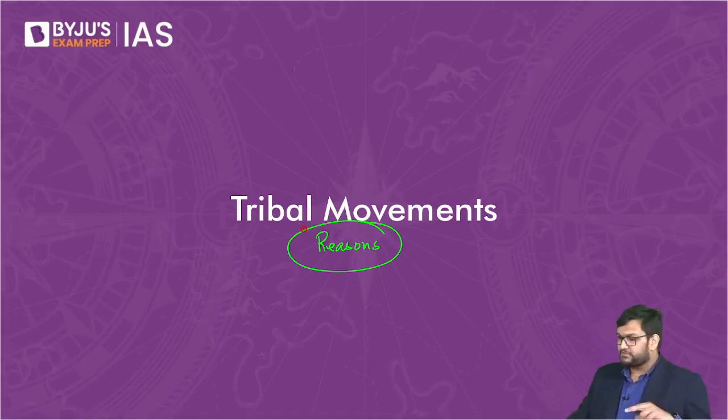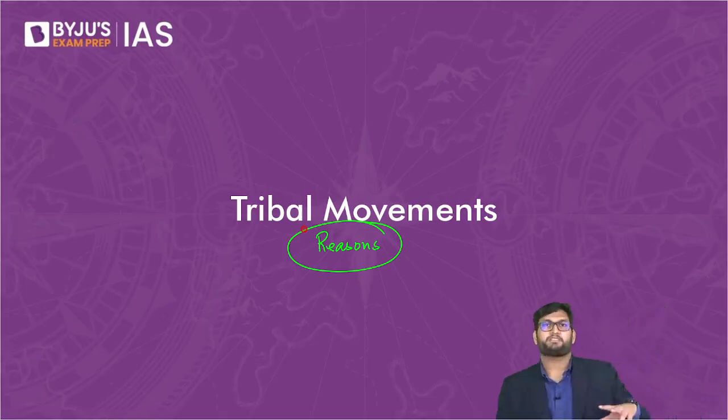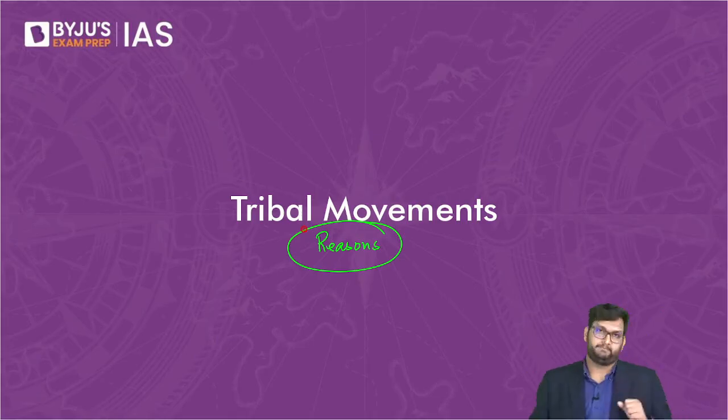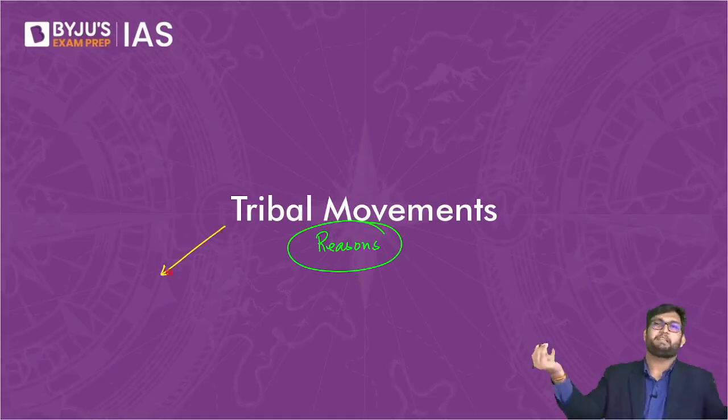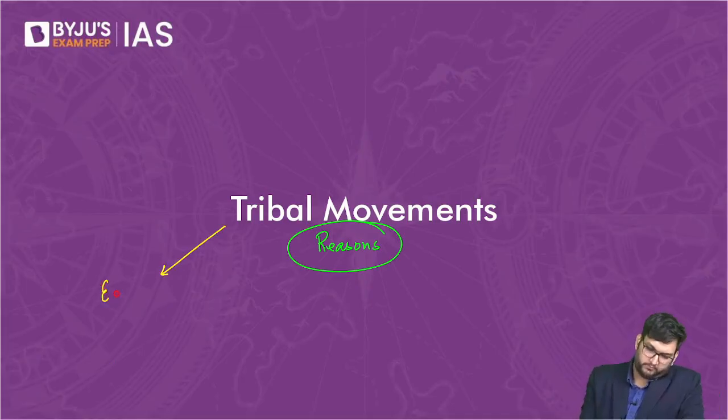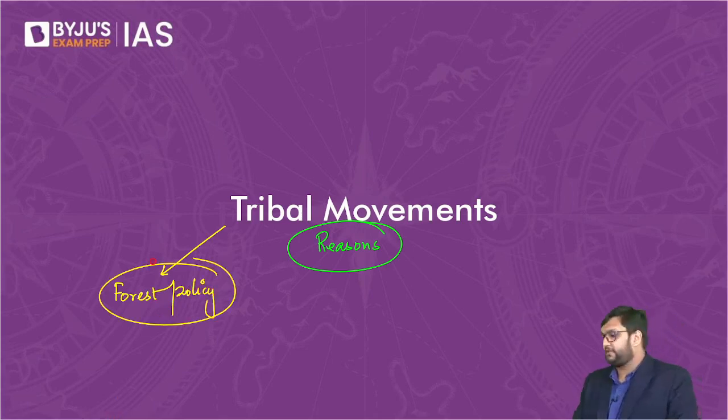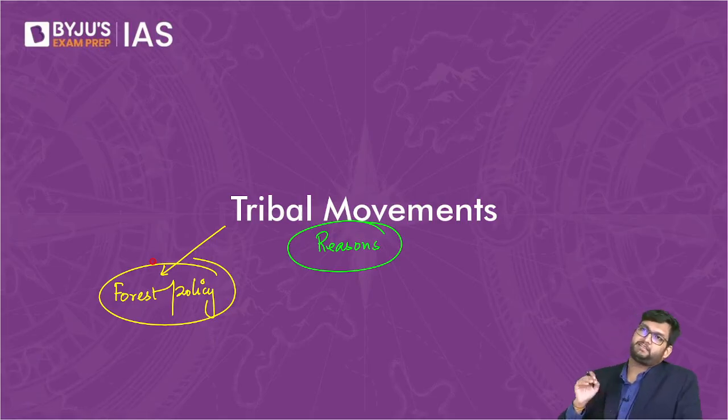But the tribals revolting is very interesting because there are 3-4 policies which come together to force them to rebel. The first is very simply the concept of forest policy. So the British followed a very interesting policy vis-a-vis forests. Forests are resources for everyone.